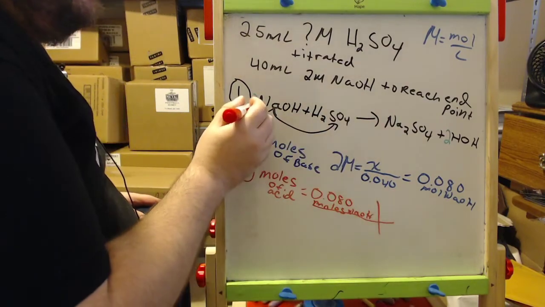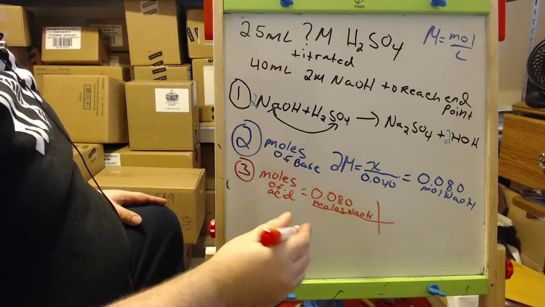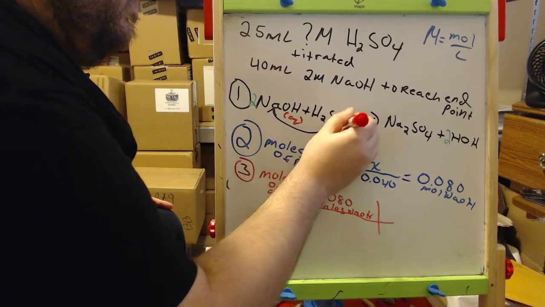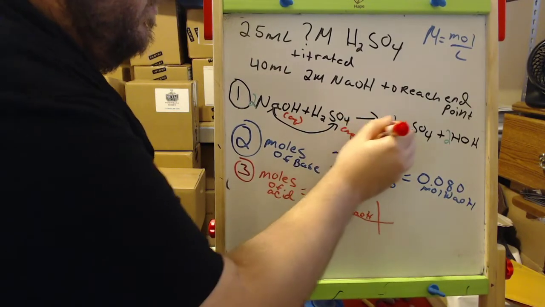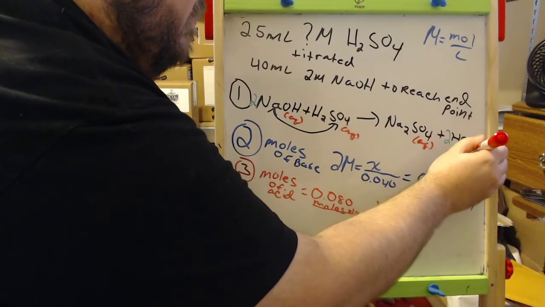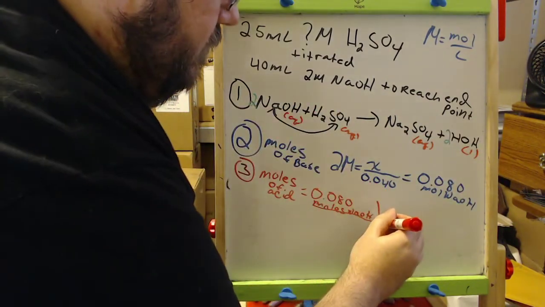What's my relationship? 2 NaOHs for every 1 H2SO4. And I know I should have aqueous here, and aqueous here, and aqueous here, and liquid here. But our conversion's 2 to 1.